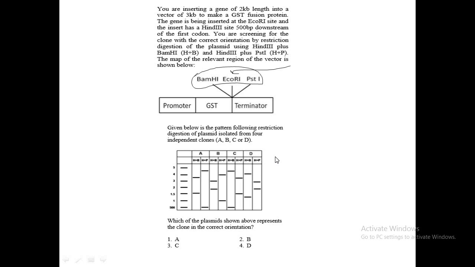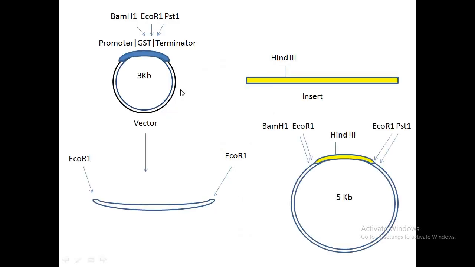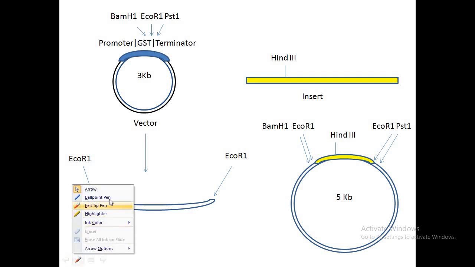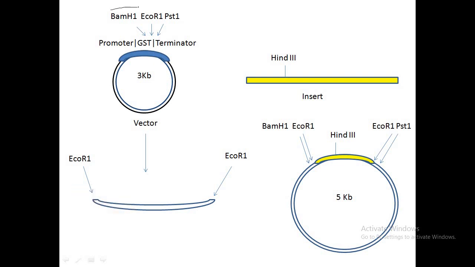In this question you can see the size of the vector is 3 kb, and this part is the promoter, this part is GST, and this part is the terminator. Between GST and the terminator there are three different restriction sites, BamH1, EcoR1 and PstI, and they are saying that they are going to clone the gene of interest within this EcoR1 site.